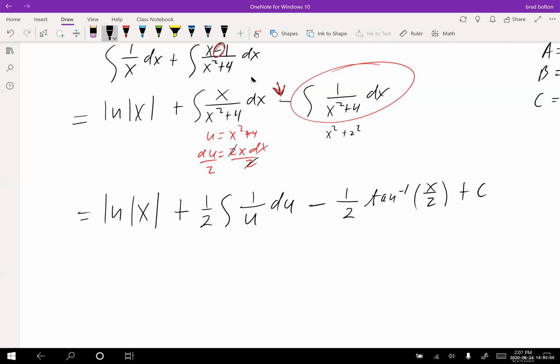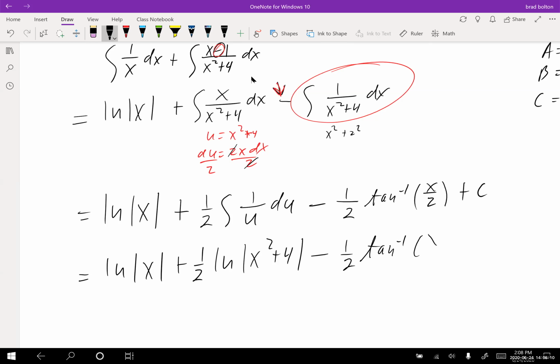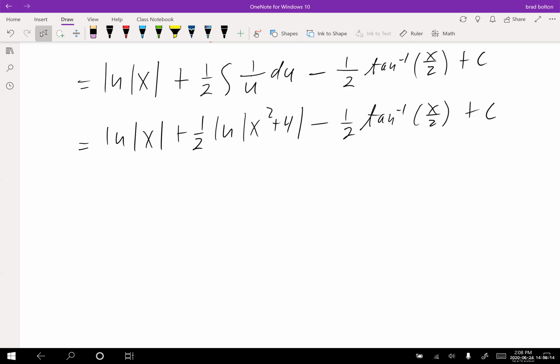Now, last little bit of cleanup. Ln of absolute value of x plus 1/2 natural log of x squared plus 4. And again, I probably don't need the absolute values on there, but I'm going to leave them for now. Minus 1/2 tan inverse of x over 2 plus c. And this would be my correct answer. I would take this, okay?